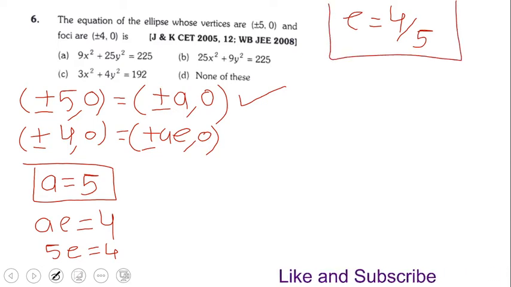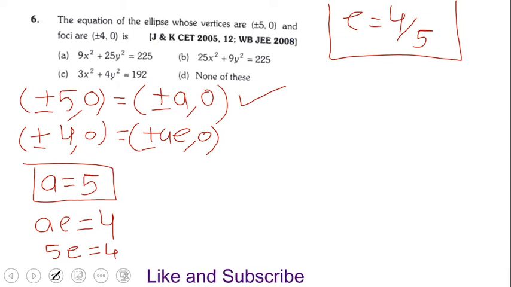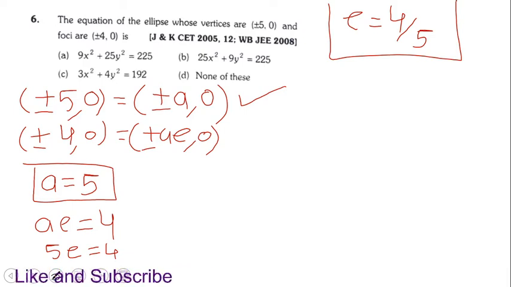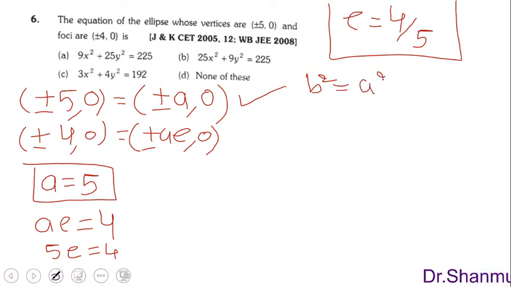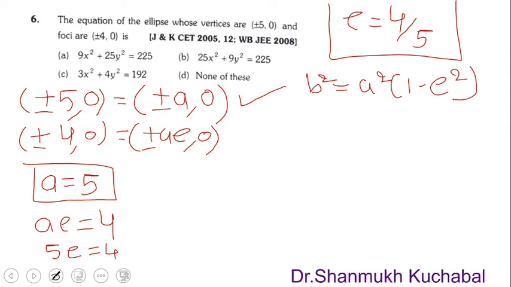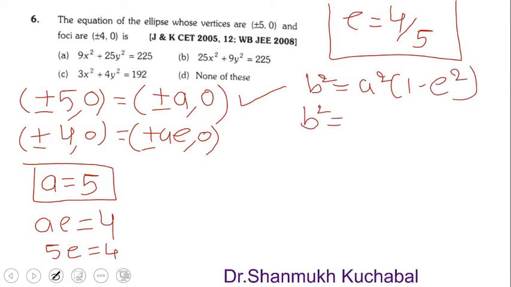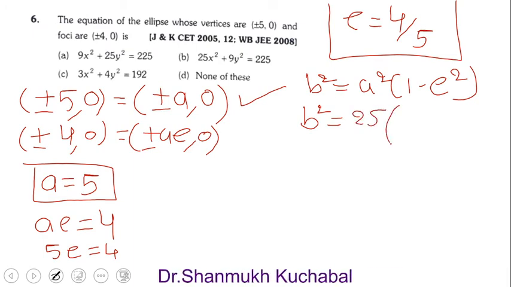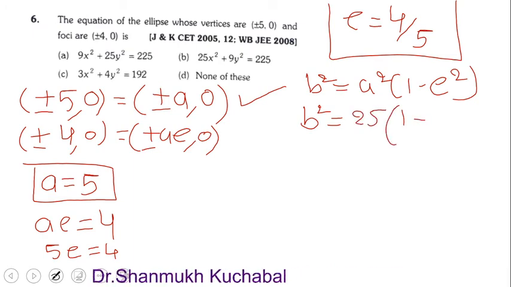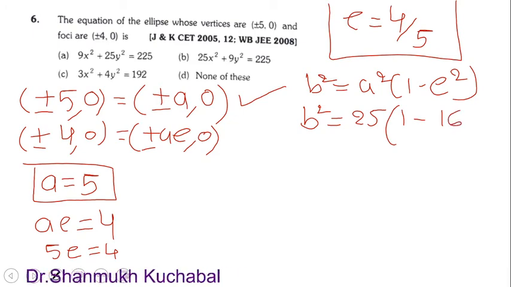Now we have to calculate b value. For that I am using the relation between a, b and e. That formula is, once again I am repeating, dear students, you have to remember this, b square equal to a square into 1 minus e square. So b square is a square, a is 5 so 25, into 1 minus e square, it is 4 square 16 divided by 5 square 25.